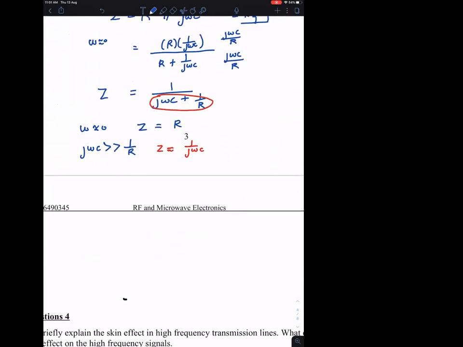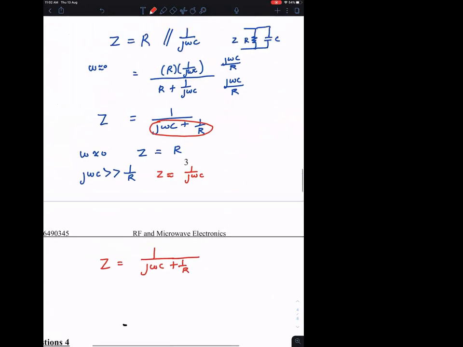So far we have come up with this equation: 1 over j omega C plus 1 over R. So what will happen if I add j omega L? Don't forget, this part here is R parallel with 1 over j omega C. Now we are adding j omega L.